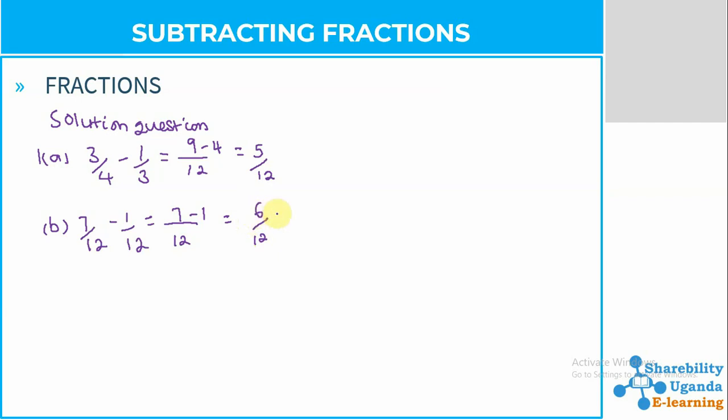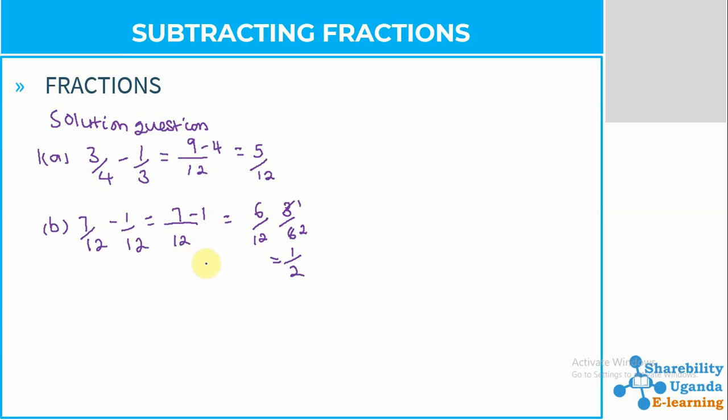If you use a 2, the smallest, 6 divided by 2 we get 3, and 12 divided by 2 we get 6. So by 3, 1, by 3, 2. So this is the same as 1 out of 2.